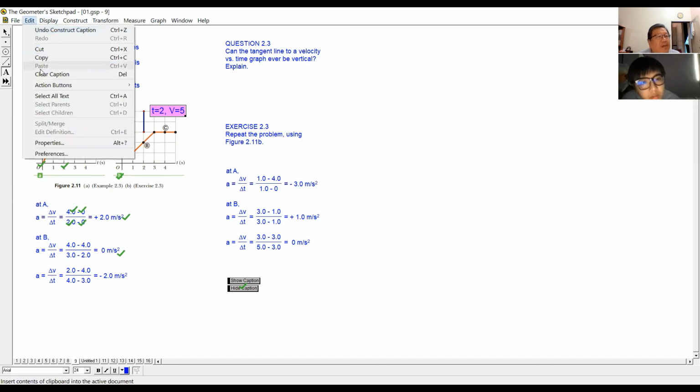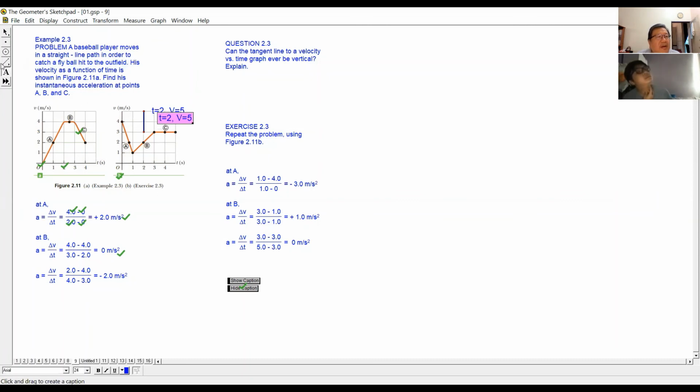How about the bottom there? At this point here, the time is 2. The velocity is how much? The velocity is 3. So is it possible to have two different velocities at the same time?